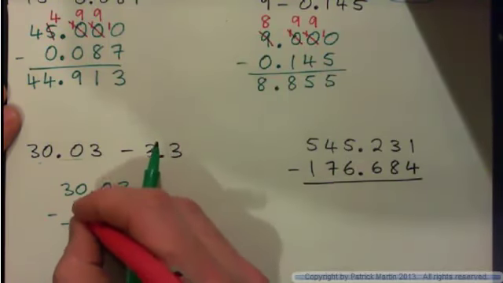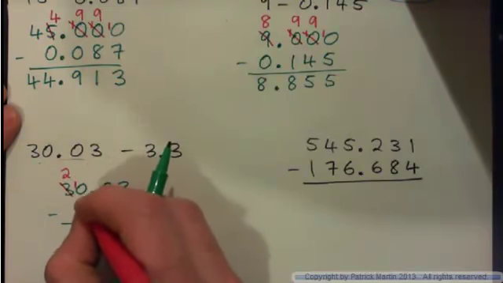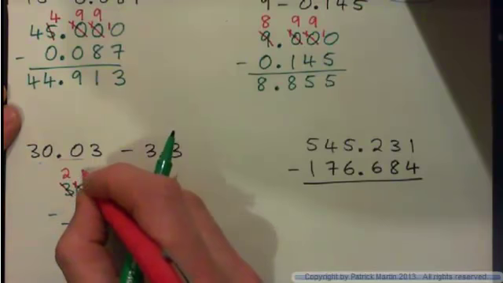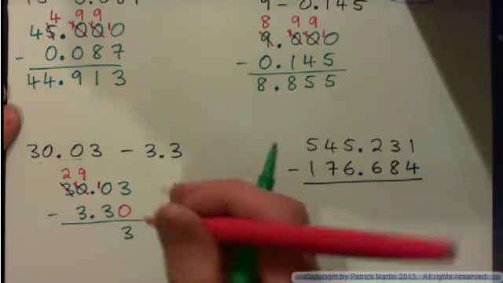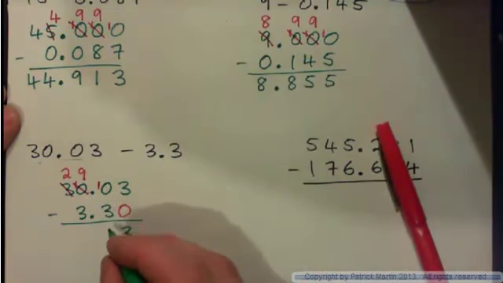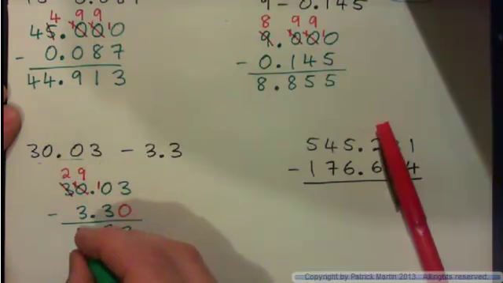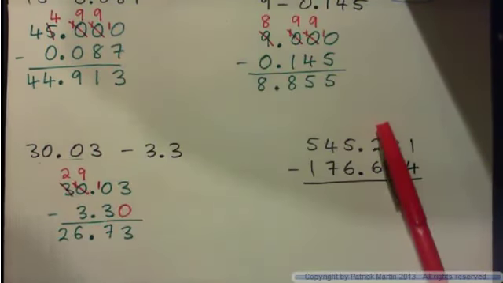This 0 minus 3 isn't going to work, so I've got to cross this off, turn it into a 2, take one of those units over here, so this is 10. But I still have to borrow over to here, so I'm going to turn that guy into a 9, take one of these units and put it here, right? So 10 minus 3, 7. Decimal point goes down here. 9 minus 3, 6. 2 minus nothing, 2. 26.73, right?